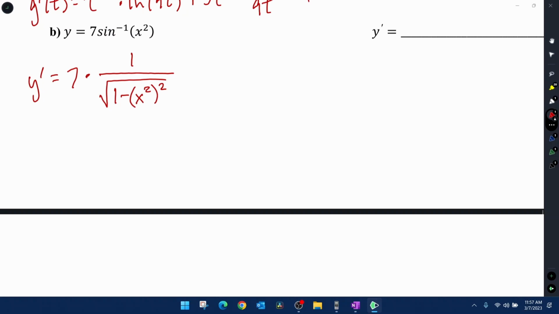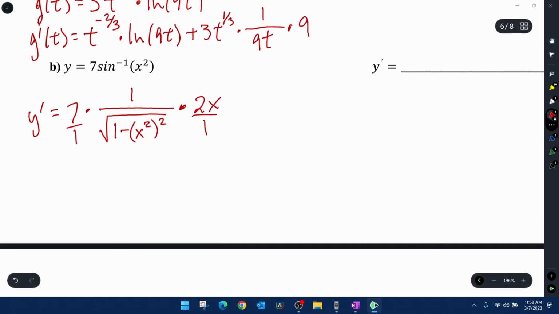Now, this wasn't just x, it was x squared, which means I'm going to have to use the chain rule. So since this is my x, that's going to have to be squared in the formula. And then I'm going to have to multiply by the derivative of the stuff inside, which is 2x. Y'all agree with that? And then I need to simplify. Let's make these fractions.